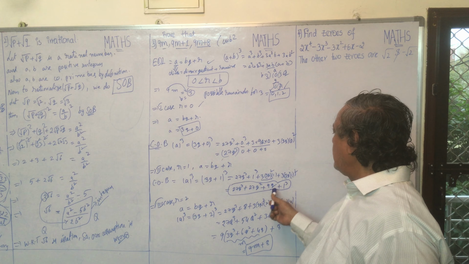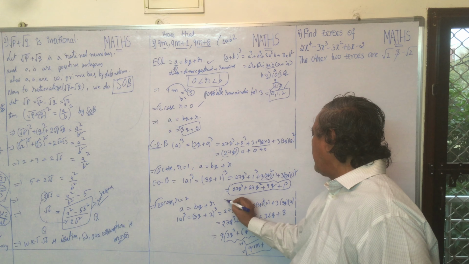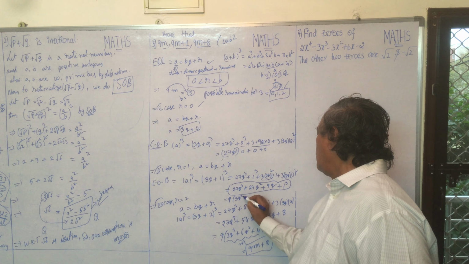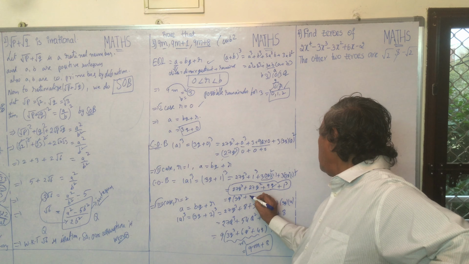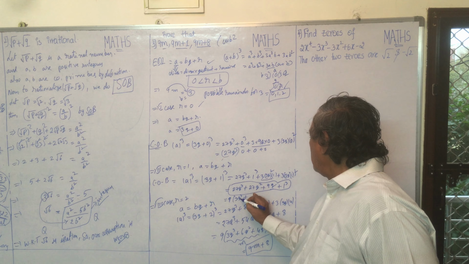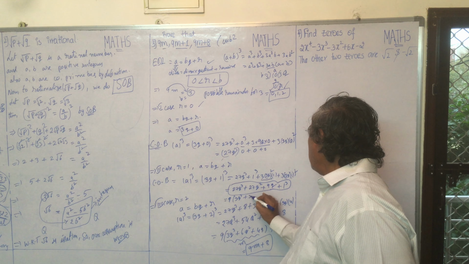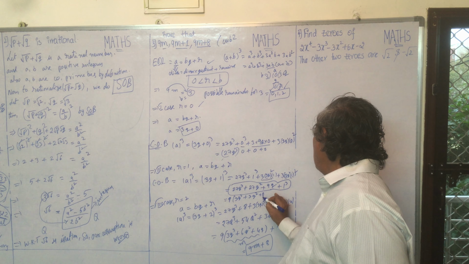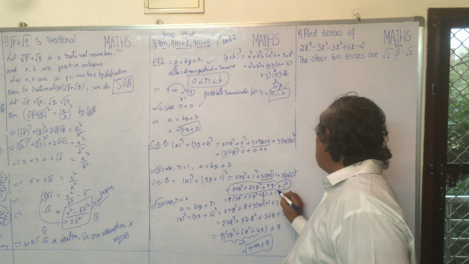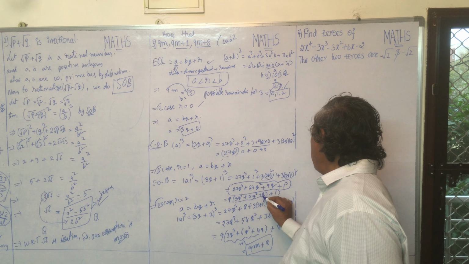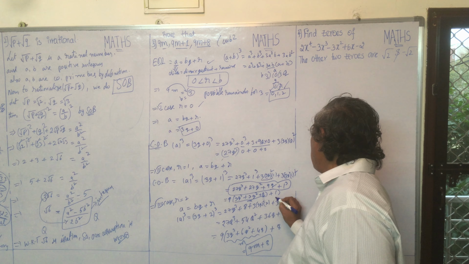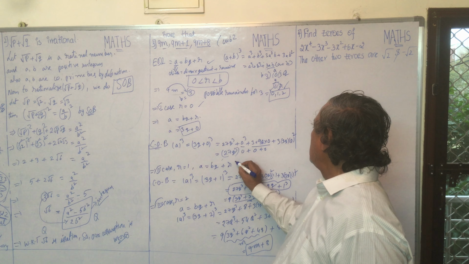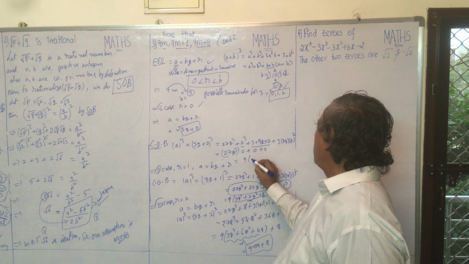Here also take common 9. 9 3 cube plus 3 q square, 3 cube square, plus 3 q cube plus 1. This is represented 9 and plus 9, 9 and plus 9 plus 1. Here what is that? 9 plus 2.